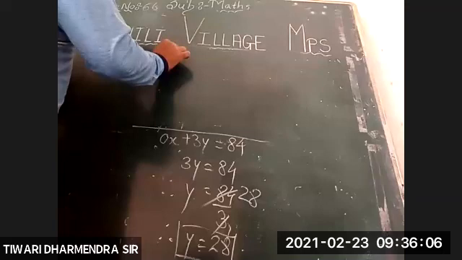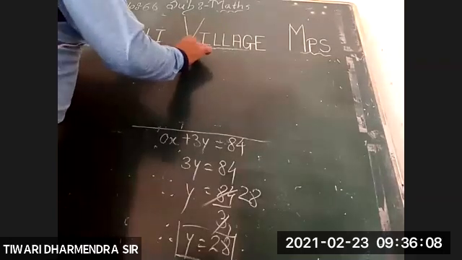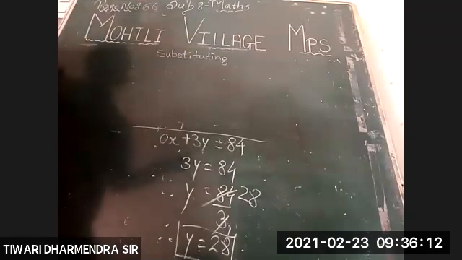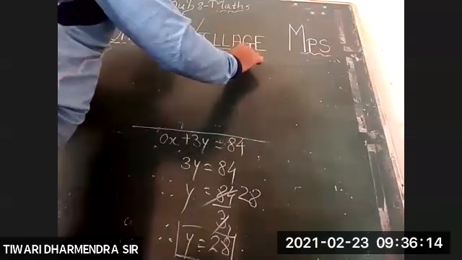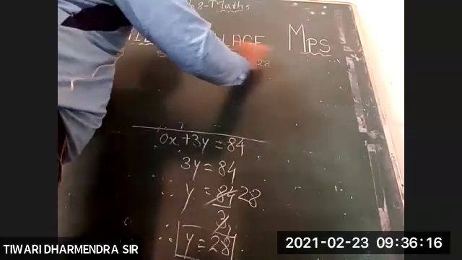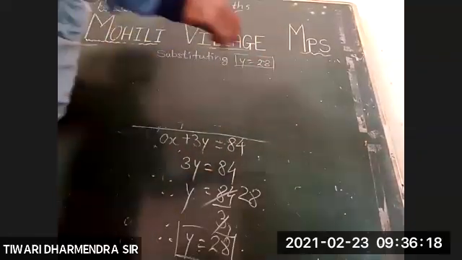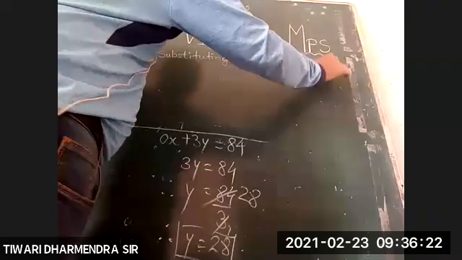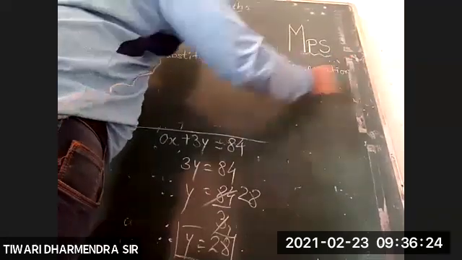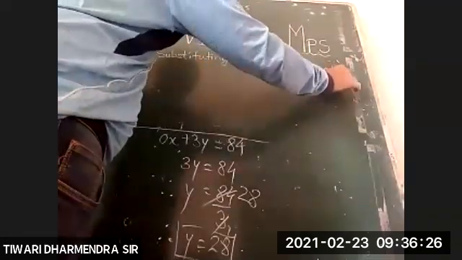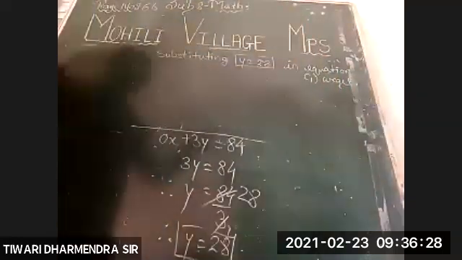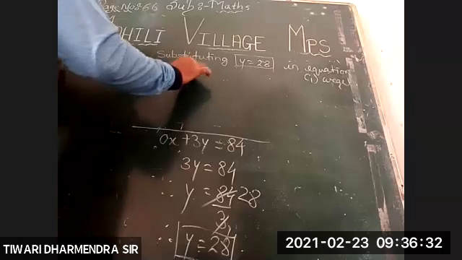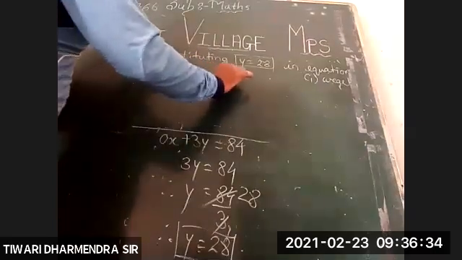Substituting y is equal to 28 in equation 1, we get x plus y, so x plus 28 is equal to 103.